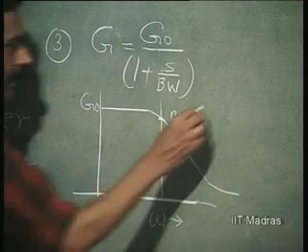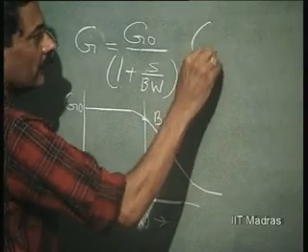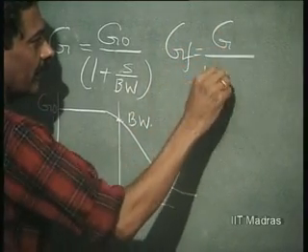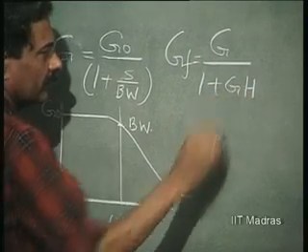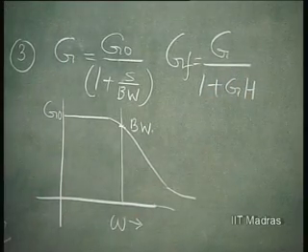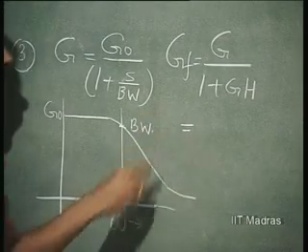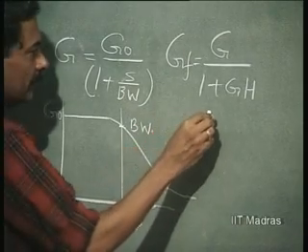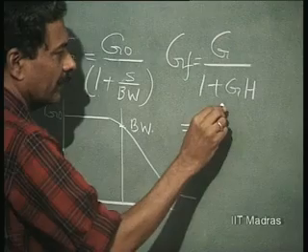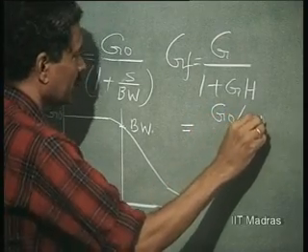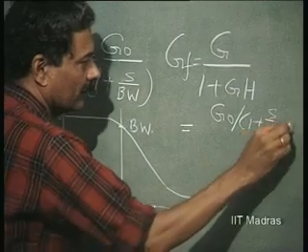So, gain after feedback is equal to gain before feedback divided by 1 plus G into H. So, what happens here? We can now substitute for G this value G naught divided by 1 plus S by bandwidth.